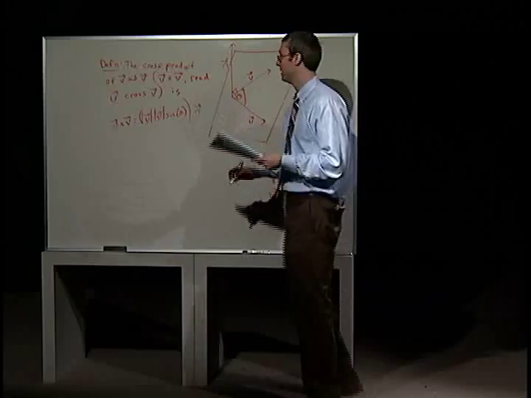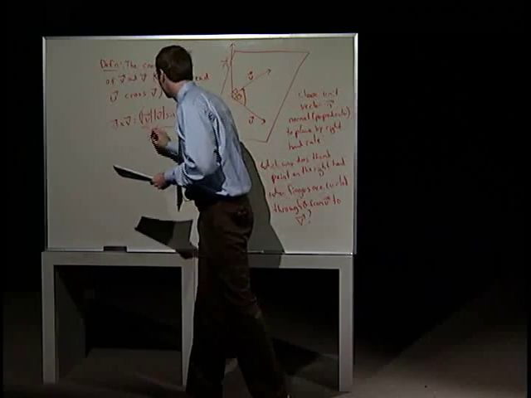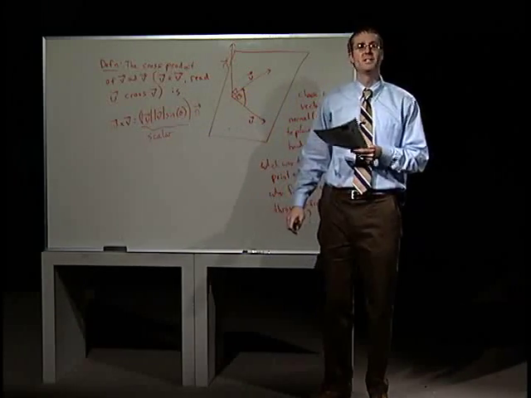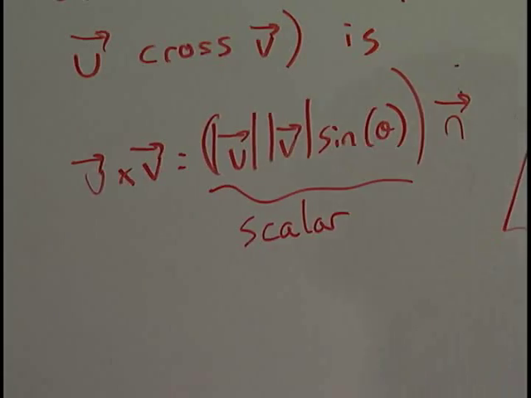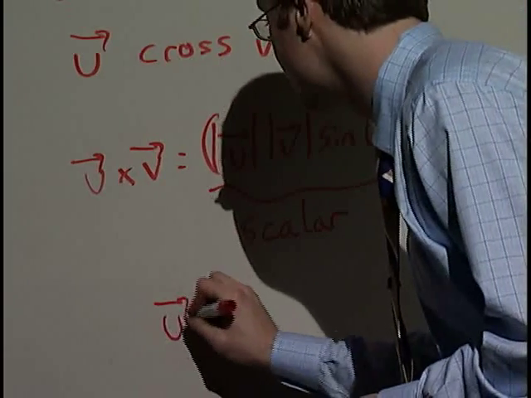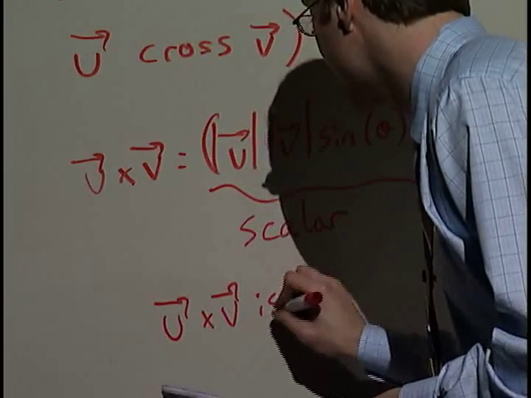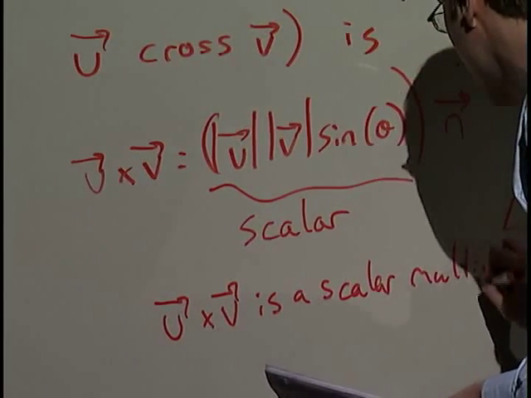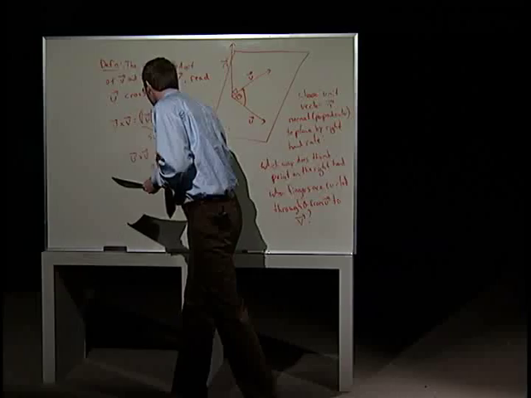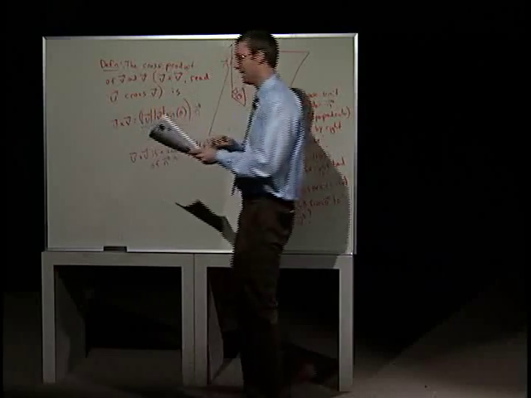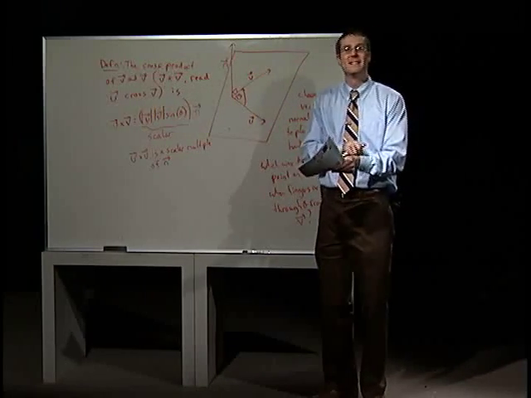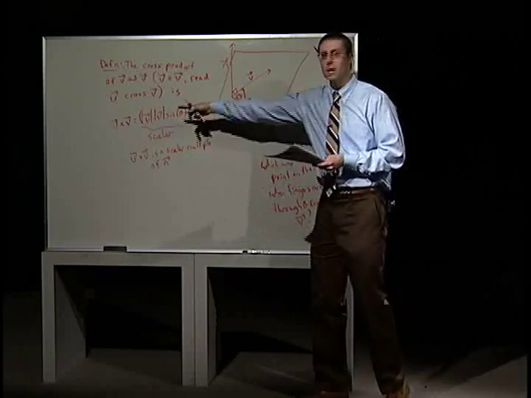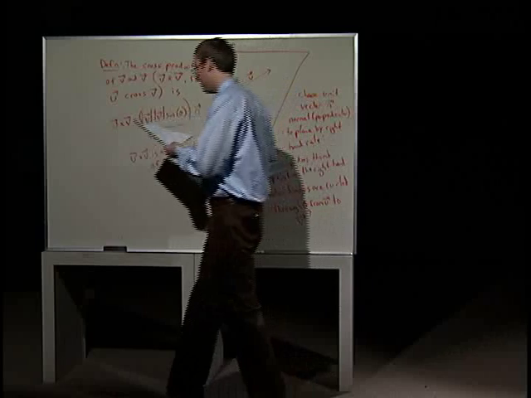In other words, this is some scalar, and so the cross product is going to be a scalar multiple of n, right? So u cross v is a scalar multiple of n, and as a consequence, since n is orthogonal to both u and v, so will the cross product be, right?